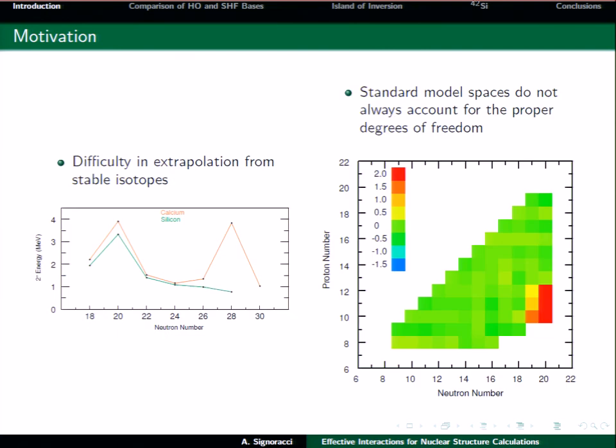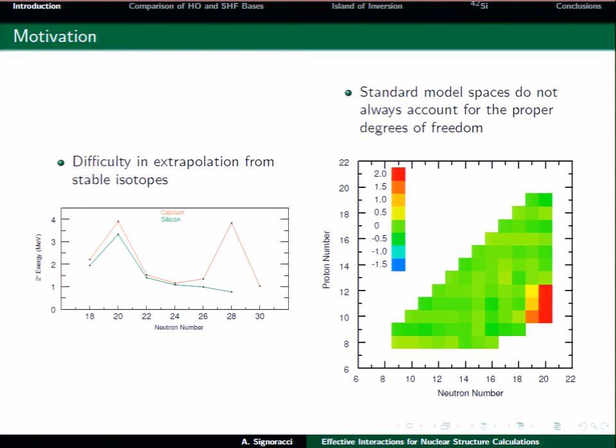However, and I should mention that both calcium-40 and calcium-48 are stable isotopes, so these are very well-known cases which exhibit these magic numbers. However, for the very exotic silicon isotopes, the similar behavior is seen from N equals 18 to N equals 26, but at N equals 28, the shell closure is no longer seen.